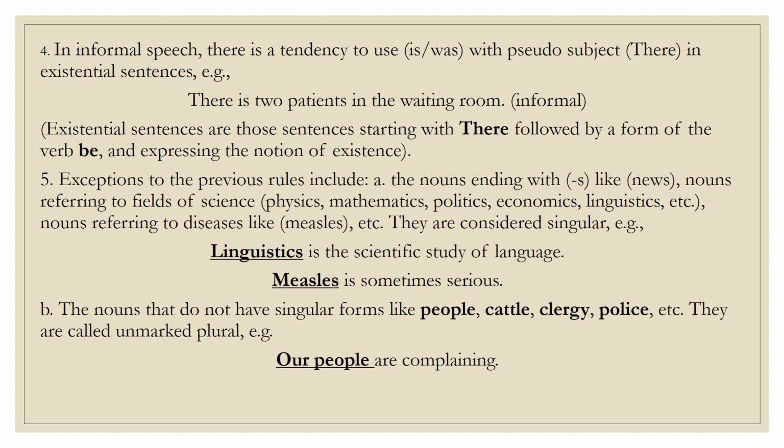For example, our people are complaining. So here, the noun people is used as a subject. It is plural in meaning, and it is not plural in form because it does not have S at the end. It is not peoples. Since it is plural in meaning, we deal with it as a plural, and we have to use a plural verb with it.